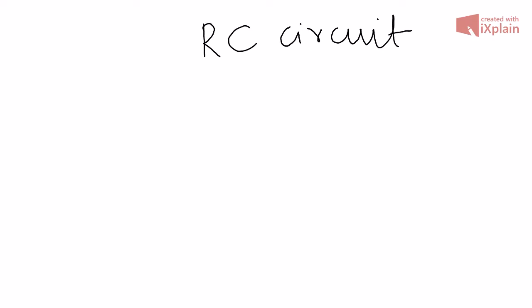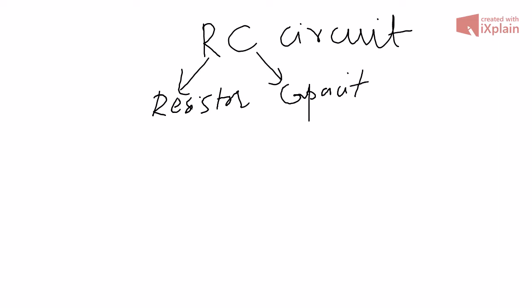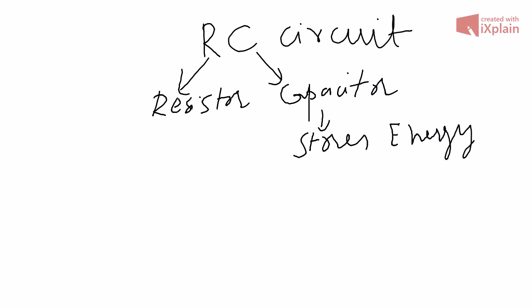Today we are going to learn about RC circuits. RC circuits consist of a resistor and a capacitor. You know that a resistor dissipates electrical energy and a capacitor stores energy, that is electrical energy, in the E field or electric field, or it stores charge on plates.